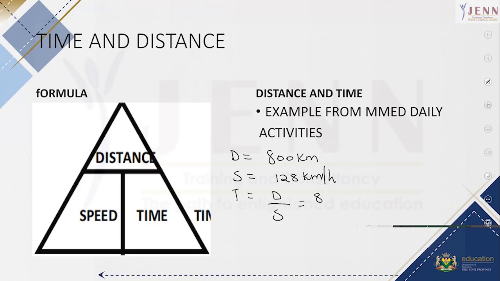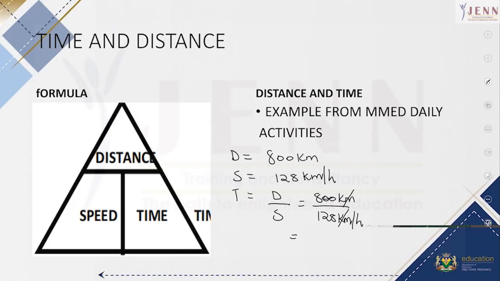The distance is 800 kilometers and speed is 128 kilometers per hour. You cancel kilometers and kilometers. Even if you don't know that you are determining time, you'll see that what you want is time, because time for now is the only thing that is measured in hours.